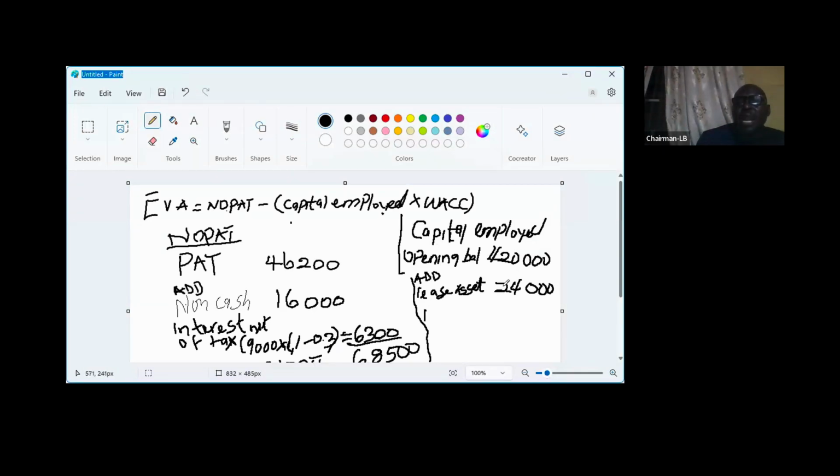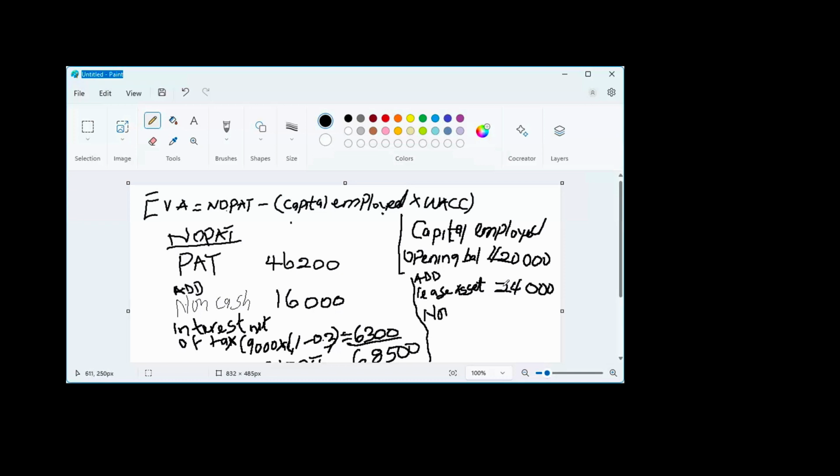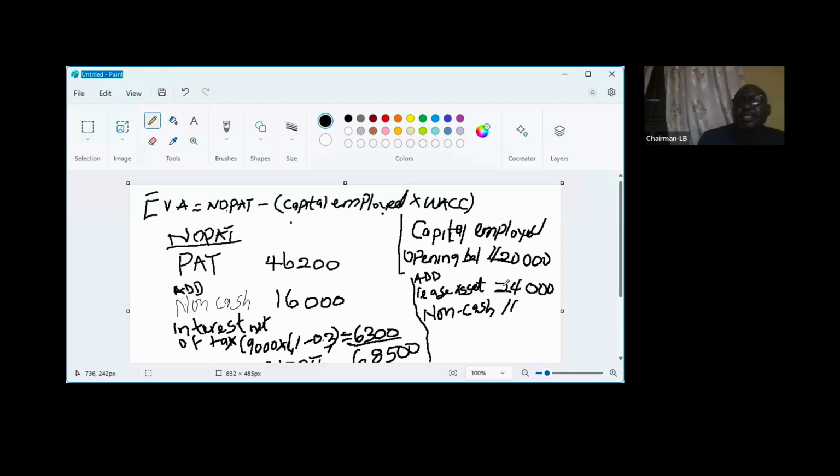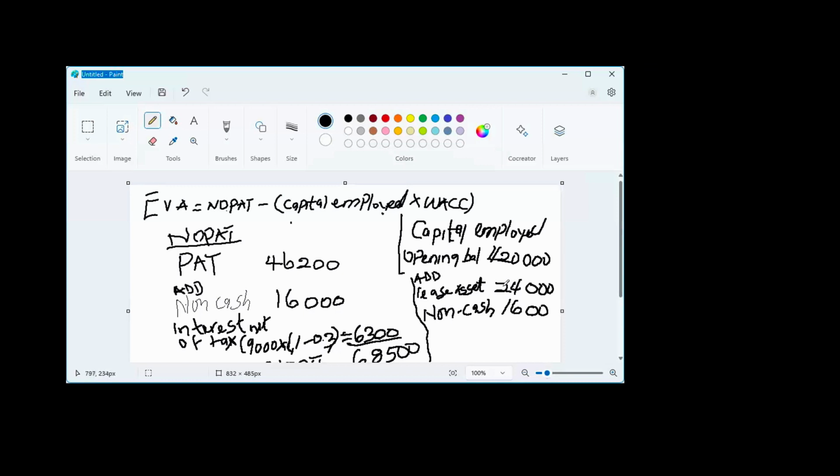Then my non-cash. How much? 16,000. What other items?